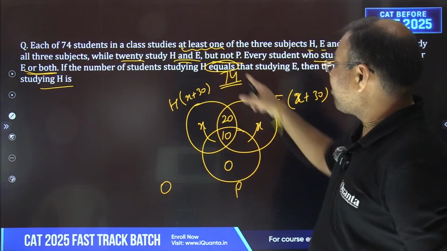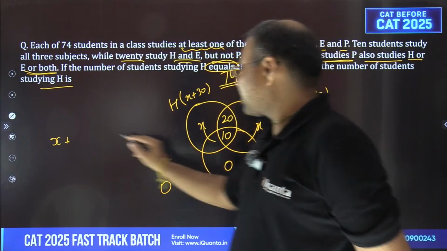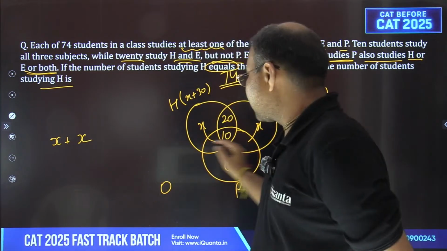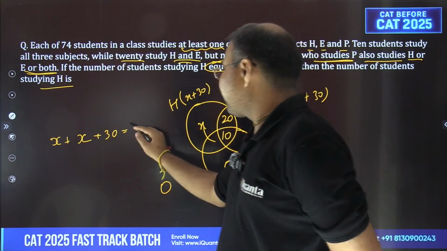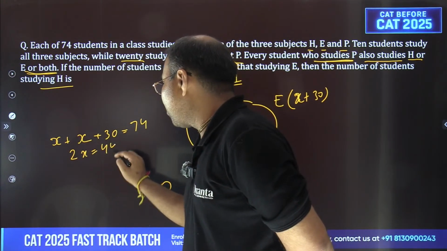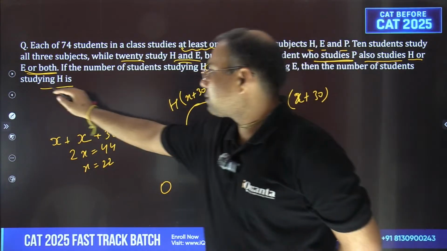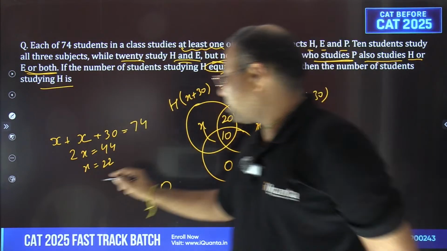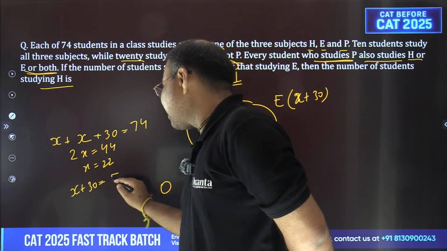So X plus this is also X, and this is 30. This total is given equal to 74, which means 2X equals 44, X is 22. I wanted to find the students studying H, that is X plus 30, which clearly comes out to be 52. That's the right answer.